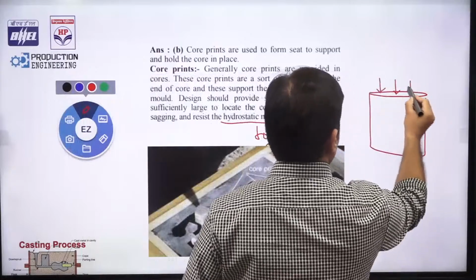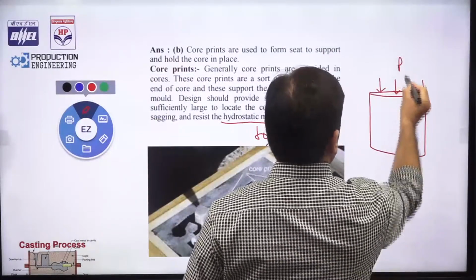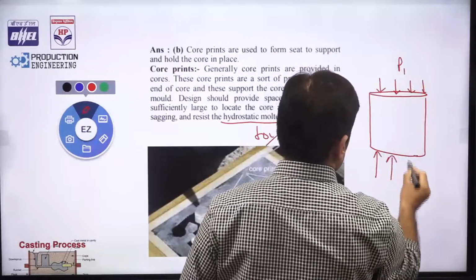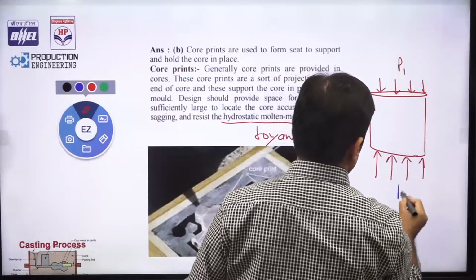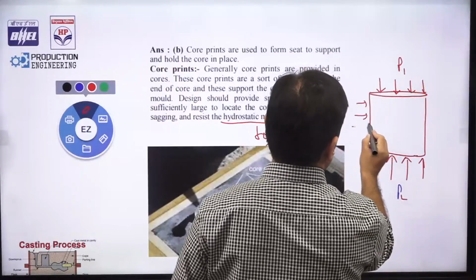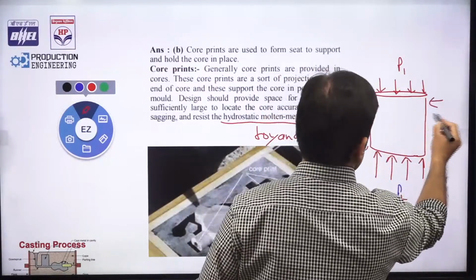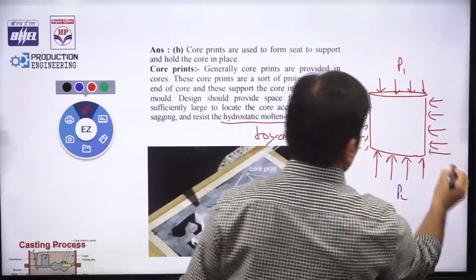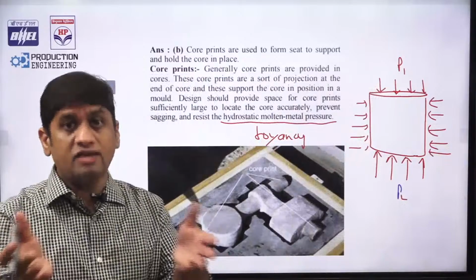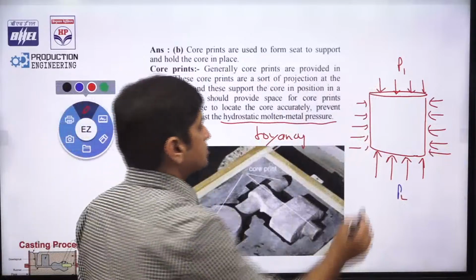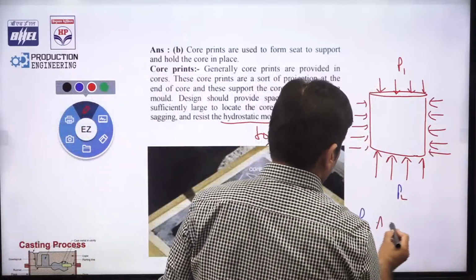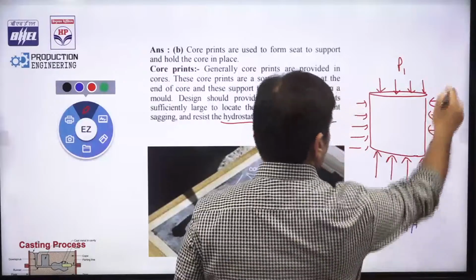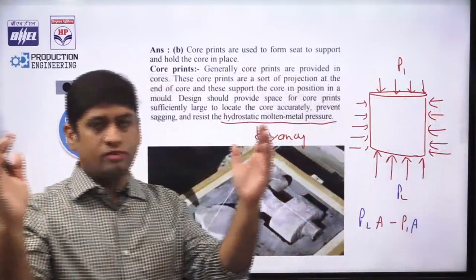Let's say the pressure acting from the top is P1 and the hydrostatic pressure force acting from the bottom is P2, and on the side also the hydrostatic pressure force is acting. So what is the net pressure force acting on the body in the fluid? The answer is net pressure force is P2A minus P1A, because the side pressure force will be balancing.